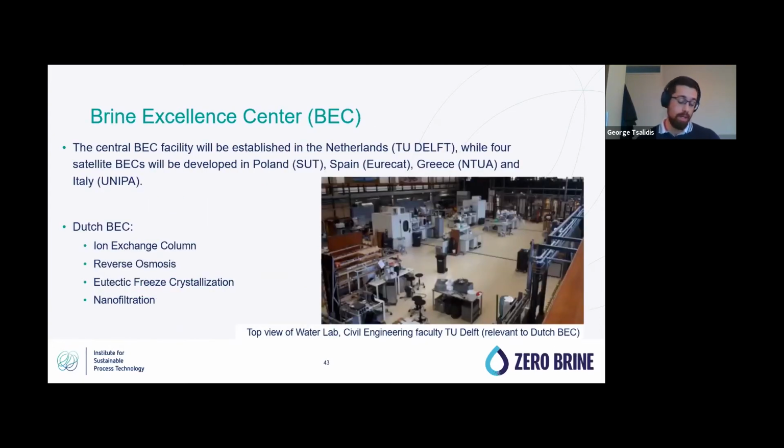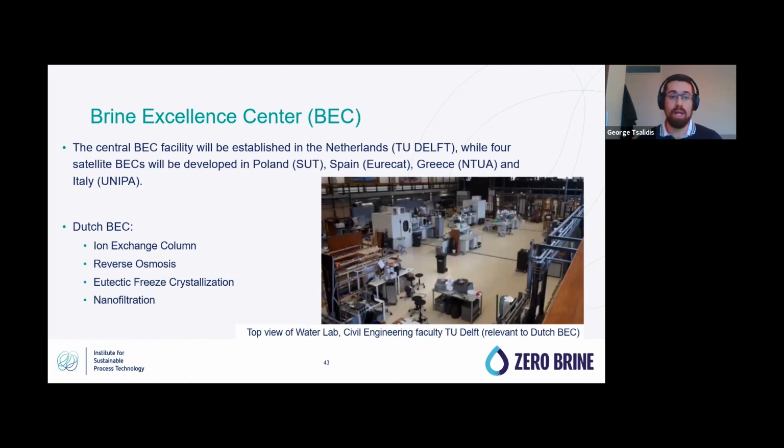As I mentioned earlier, there are the BRINE Excellence Centers, which were built due to the project, and these centers are going to demonstrate technology that was used in each case study, but then they're going to include more technologies and also analytical equipment.